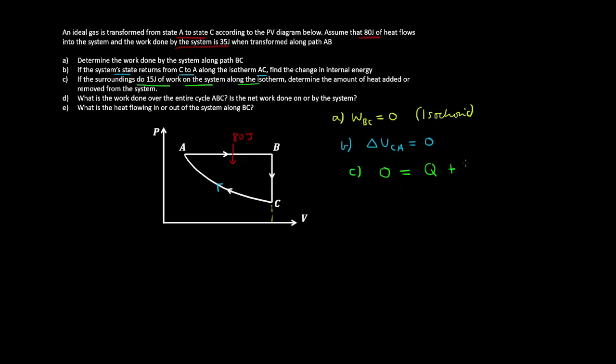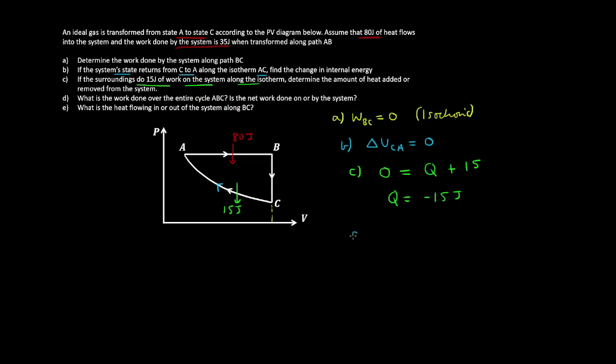So we have 15 joules of work positive, which is done on the system, so therefore the heat is going to be equal to minus 15 joules, and because this is an isothermal compression, heat must have been removed from the system to keep it at a constant temperature.